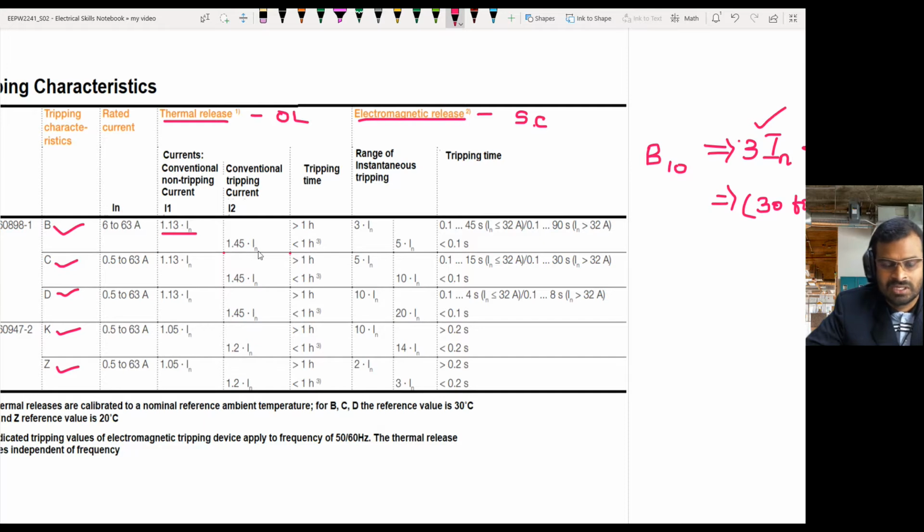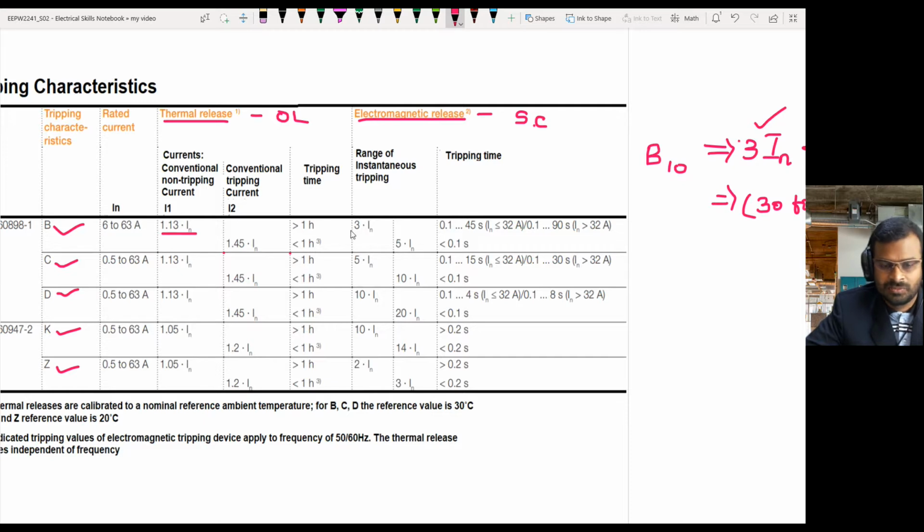So if it is 2 IN or 2.5 IN, which is less than this 3 IN value, I will also show the trip curve with respect to the trip time so that you will understand very clearly. So here at 1.45 times IN, it should be less than 1 hour.